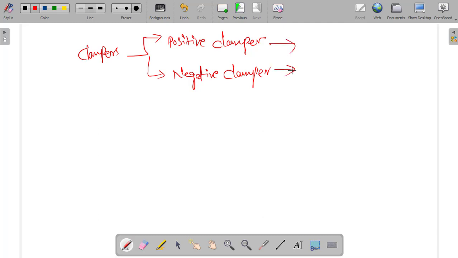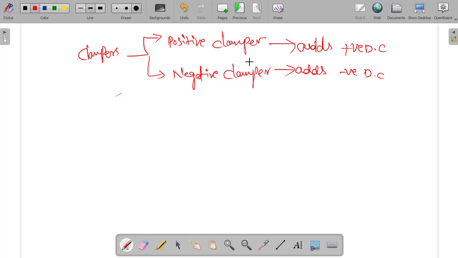Here the clamper circuit adds DC, either positive DC or negative DC. If it adds positive DC, you call it a positive clamper. If it adds negative DC, you call it a negative clamper. This is the basic difference between a positive clamper and a negative clamper.